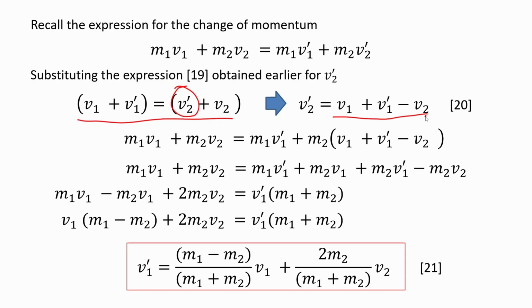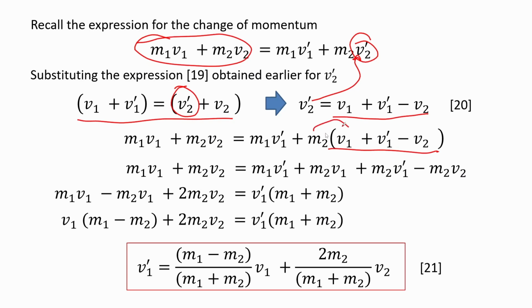What do we do with that one? We put v2 prime back into this expression here. But here you have m1 v1 prime plus m2, and instead of v2 prime, you have this expression here.